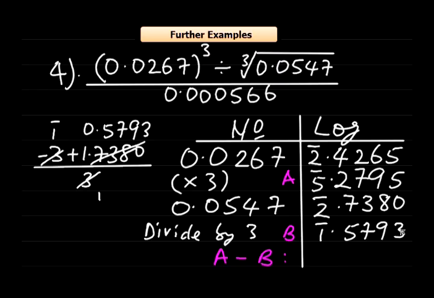So let's subtract. 5 minus 3 will be 2. 9 minus 9 is 0. 7 minus 7 is 0. Then we have this 5 from 2, we cannot, so we take 1 from here.